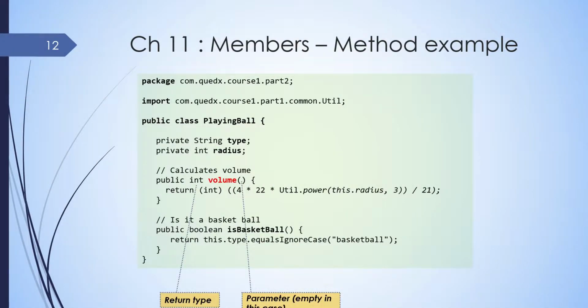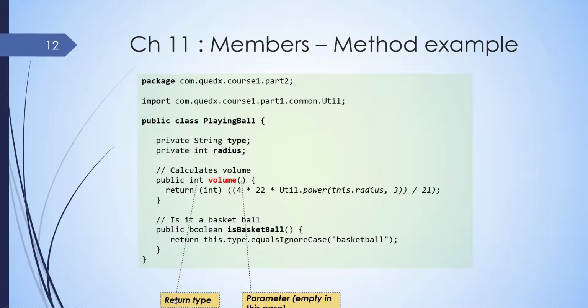So here is a PlayingBall class. We have declared two data members, type and radius, as we discussed in the last section. Now here we have a non-static method volume. As you can see, the volume method is returning an int, so we need to mention that it is returning an int.